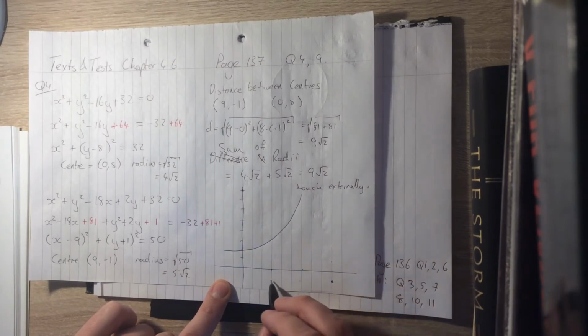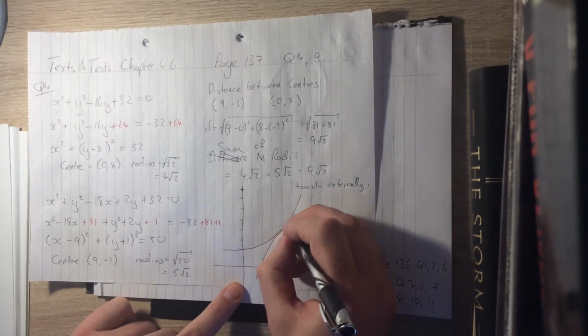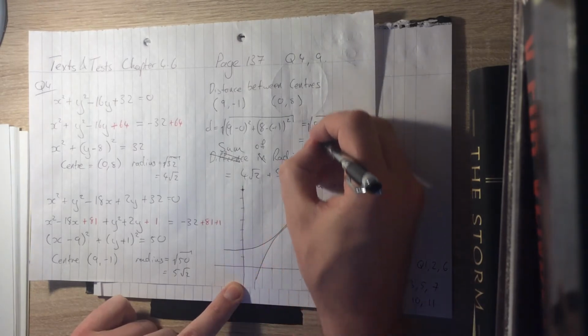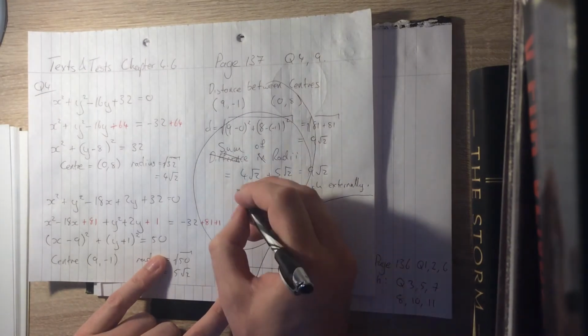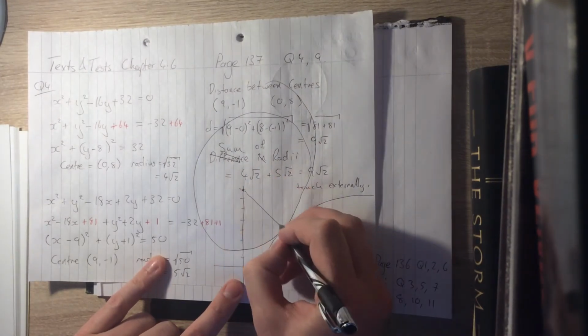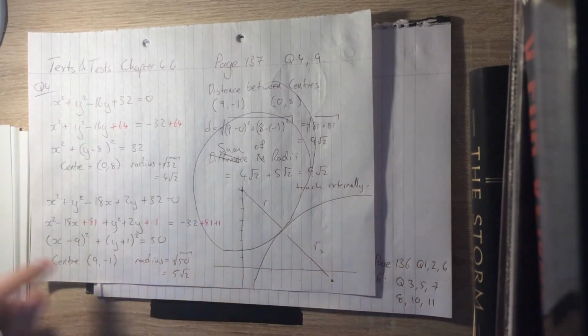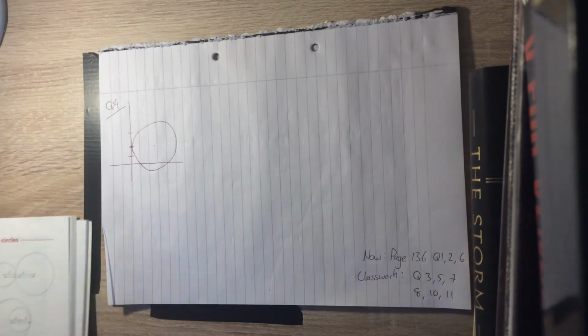So 3, 6, 7.5, something like that. There's the other one. Okay, our circles touch externally, and they look something like that. Distance between the centers is the same as r1 plus r2 added together. So they touch externally.